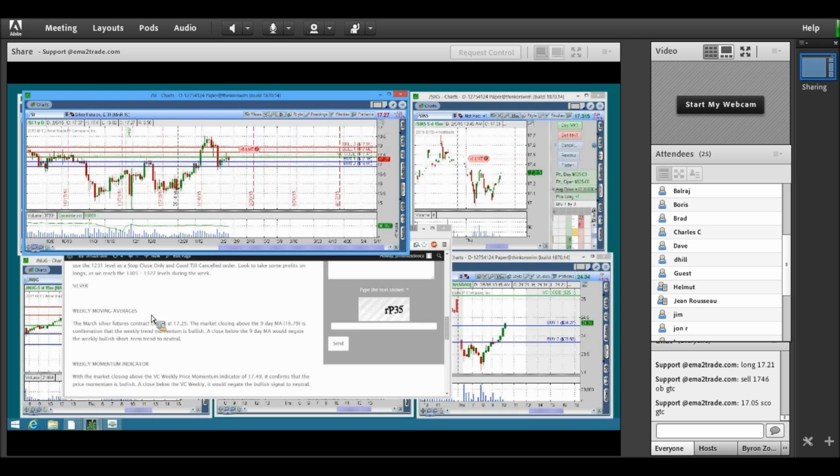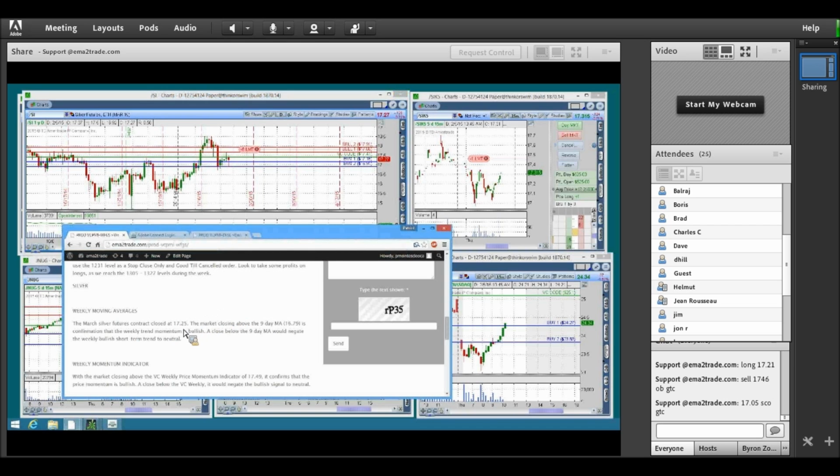The report that was published on January the 30th for the silver market told us that the March silver futures contract closing at 1725, closing above the 1679, which is the 9-day moving average, is bullish. The trend momentum is bullish. But it also tells you that if we close below 1679, it would negate the weekly bullish trend to neutral.